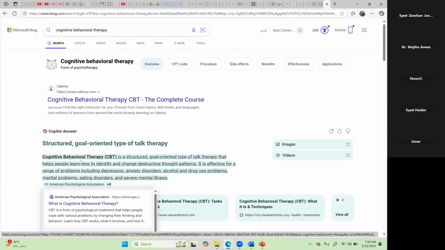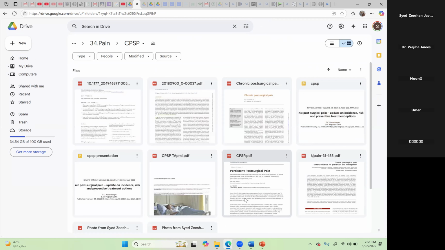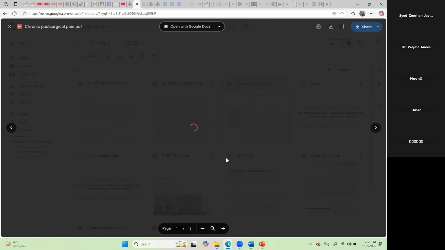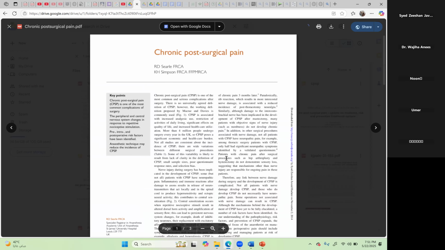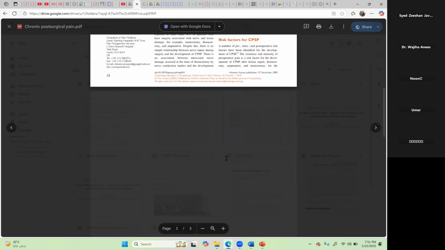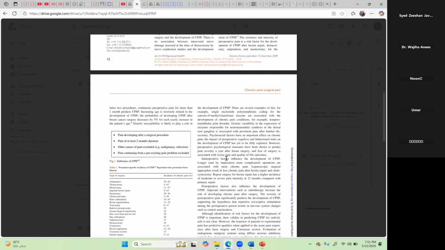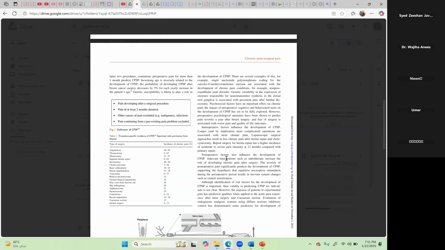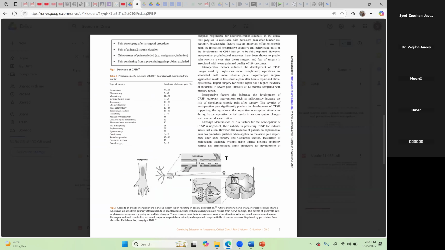Here there is an article about CPSP. You should know the factors which will lead to chronic post-surgical pain. Uncontrolled or not very well controlled acute pain will lead to it.